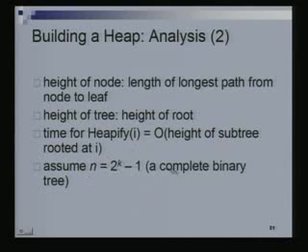We are also going to assume that the number of nodes in the heap is of the form 2 to the k minus 1, so that it is a complete binary tree. This will only help us simplify the analysis. It is not really required, we can also do without this.